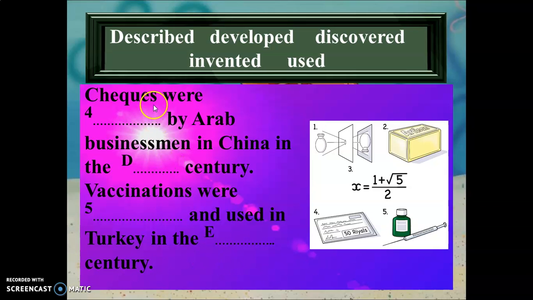Okay. Checks were used by Arab businessmen in China in the 9th century. Okay, vaccinations were discovered and used in Turkey in the 18th century.